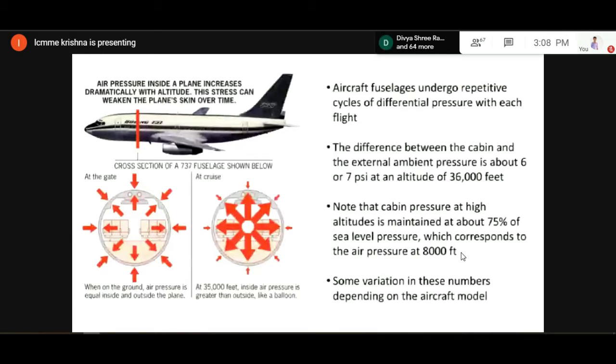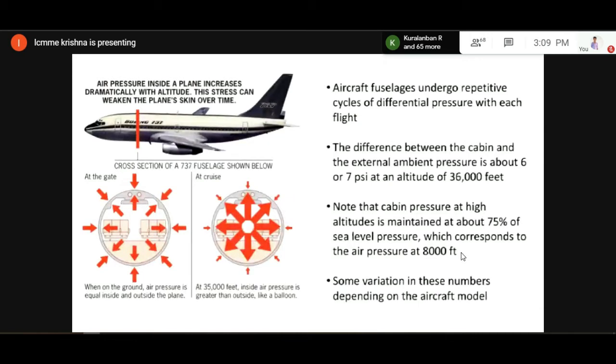This stress can weaken the plane's strength over time. So we can see in the first corner of the slide, when on the ground, air pressure is equal inside and outside the plane, whereas at an altitude of 35,000 feet, the inside air pressure is greater than the outside, and the fuselage acts like a balloon.